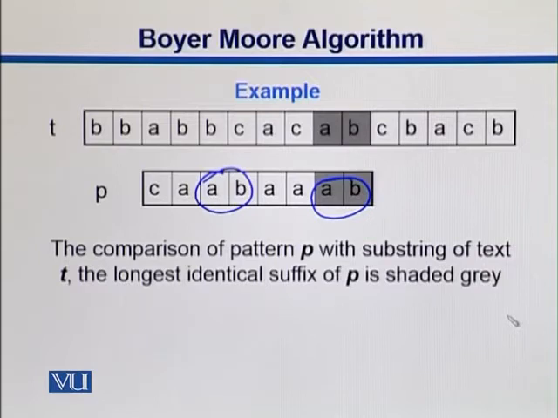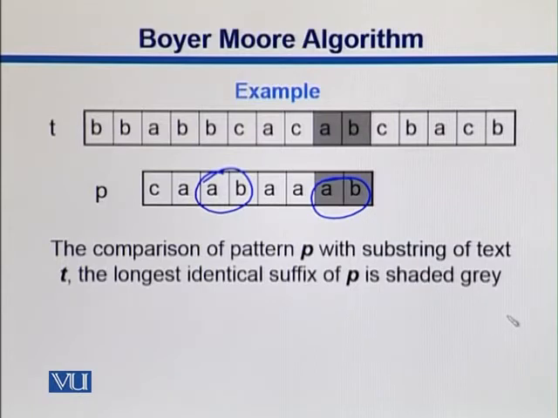The first thing it does is process the pattern, somewhat similar to the prefix function in KMP, and tries to find the longest suffix which is duplicated or triplicated within the pattern, how many occurrences it has, and it stores that information, the way it's stored in the prefix function.